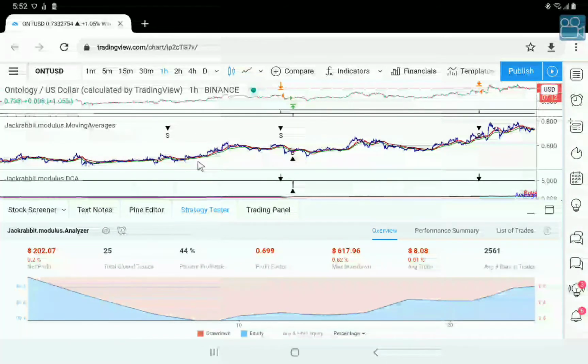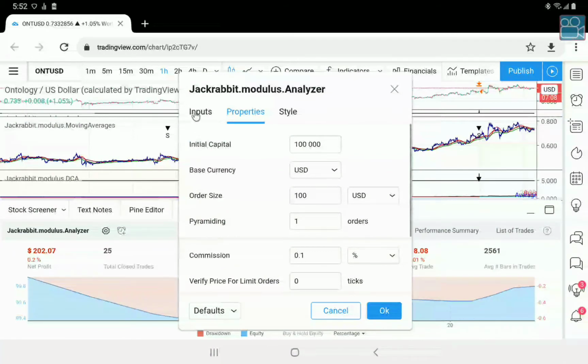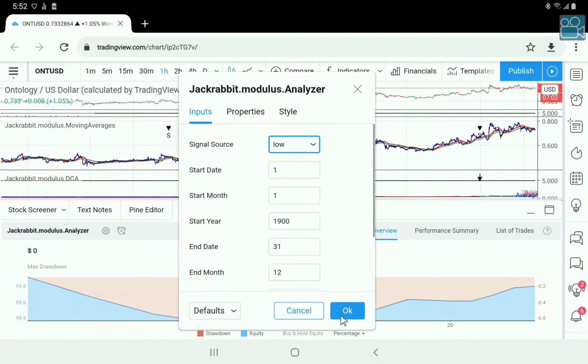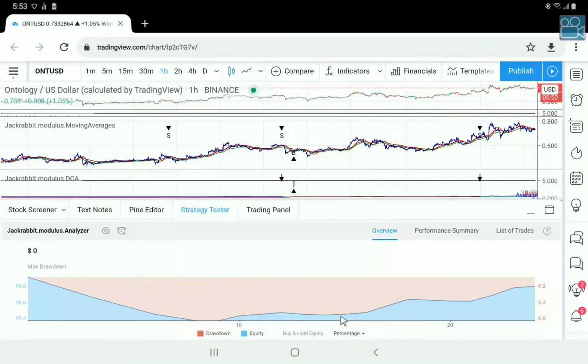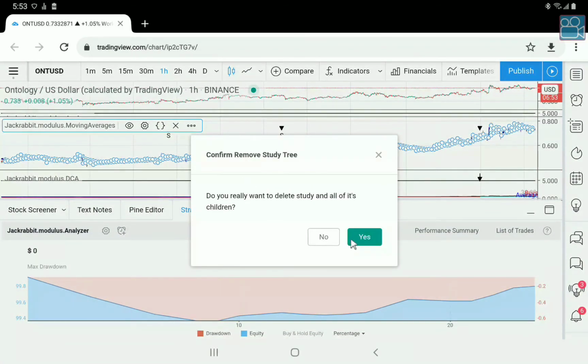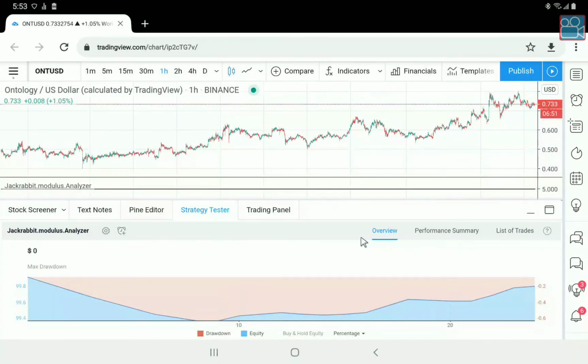So this isn't working. Let's unlink it, and we need to get out of it. Find another approach, because this is failing miserably. Doesn't work. So now we're back to the strategy analyzer.